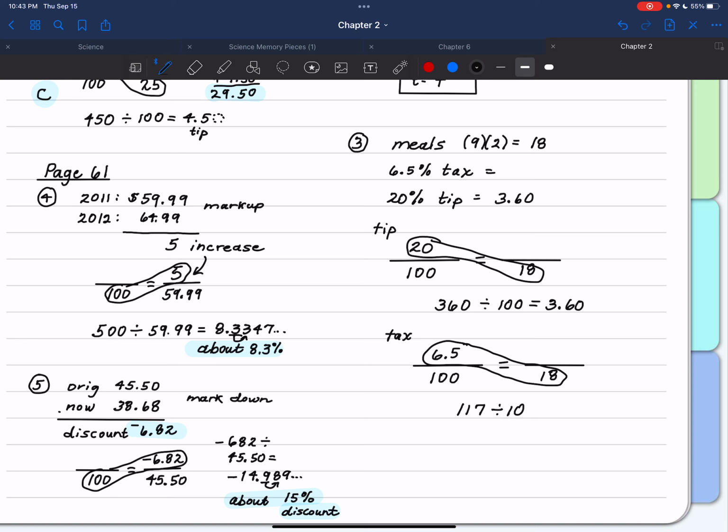Divide by 100. So the tax is $1.17. And then to get the total amount that they spent, we need to add up these numbers right there. So 18 plus $1.17 plus 3.60 is $22.77.